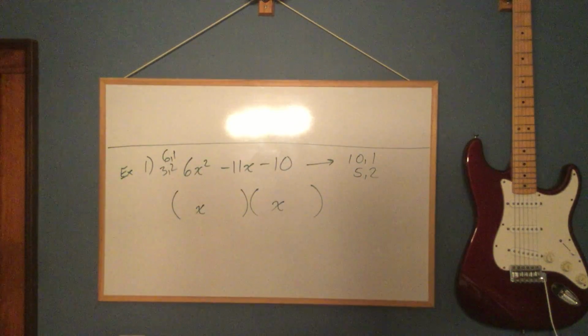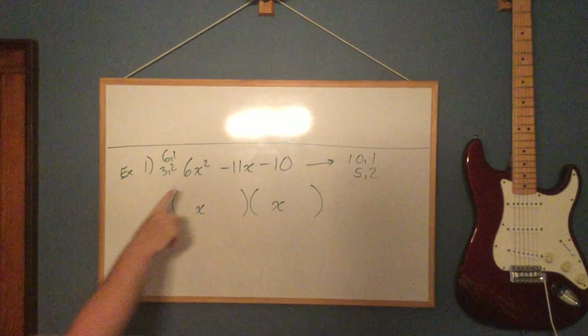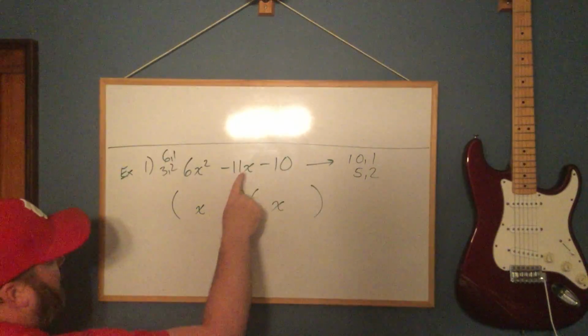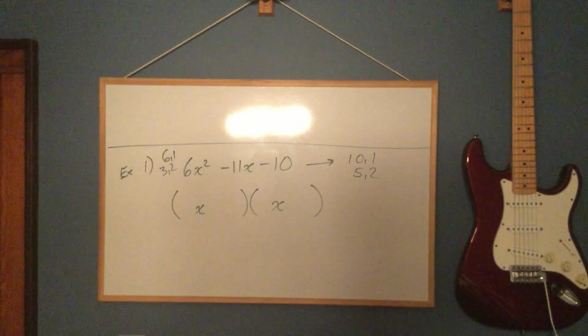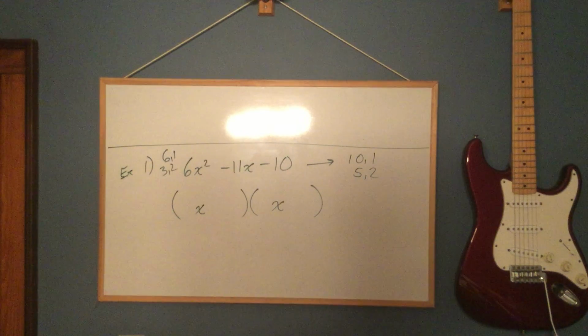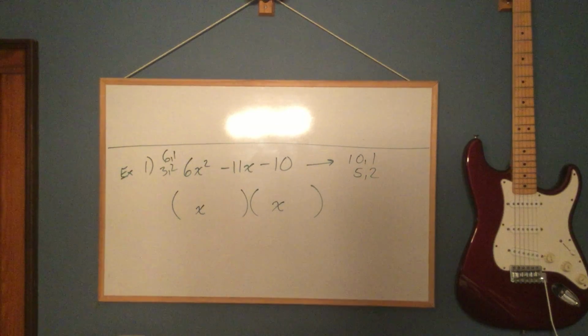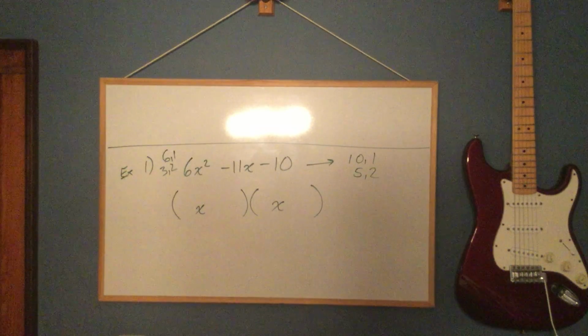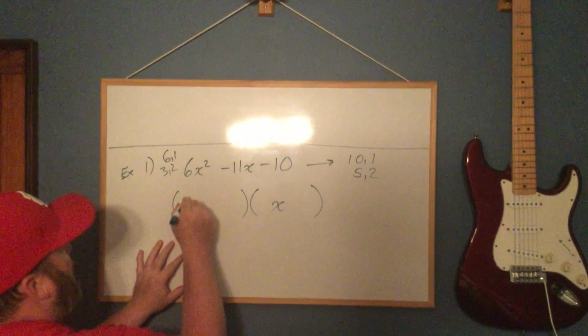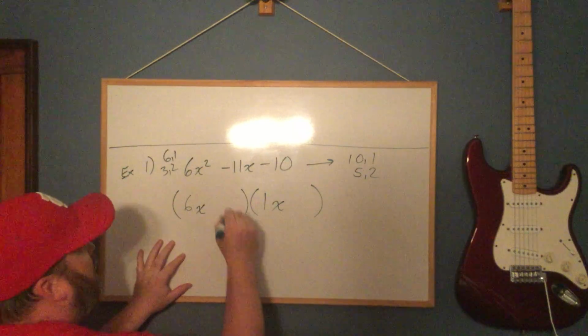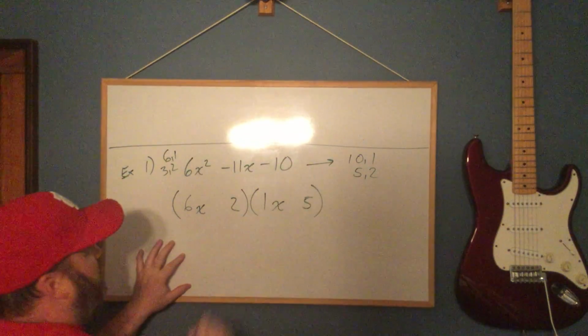So I want to point out something. Notice with this 6x squared minus 11x minus 10, there is no greatest common factor. And that might not seem like a big deal, but it is, because it helps us in the guess and check portion. Because what I can't do, if I'm guessing and checking, is put a 6 here, a 1 here, and then a 2 here, and a 5 here.